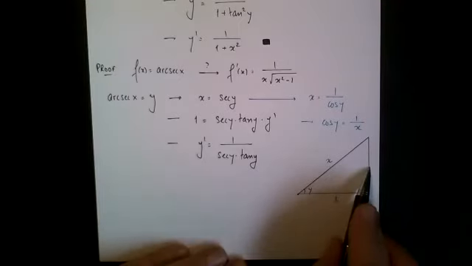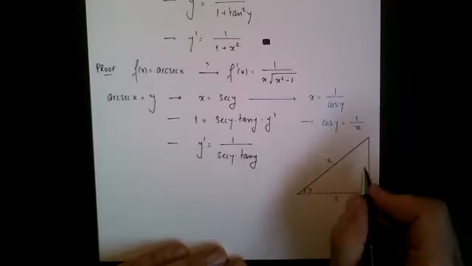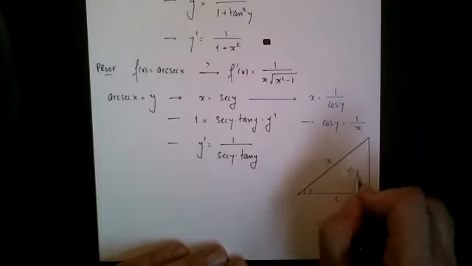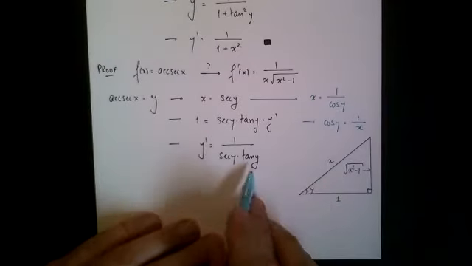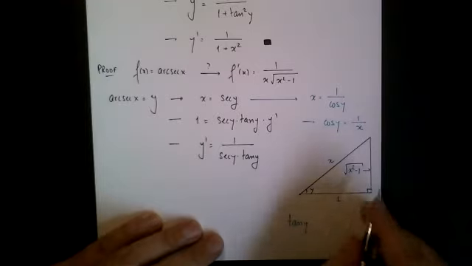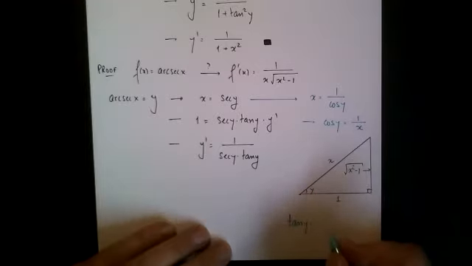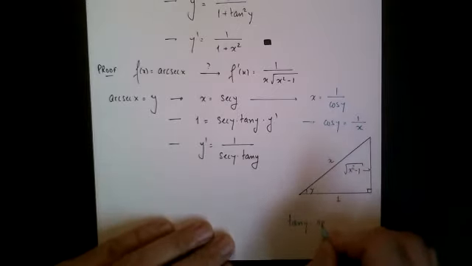And so what is this here? According to Pythagoras theorem, it's the square root of x squared minus 1. That's the side. We okay? So from here, I'm going to need the tangent. The tangent is always opposite over adjacent.